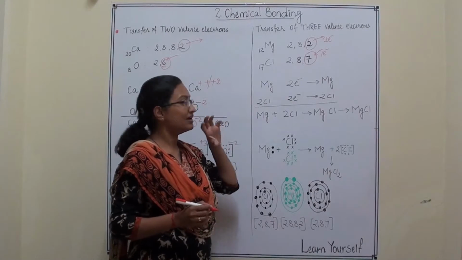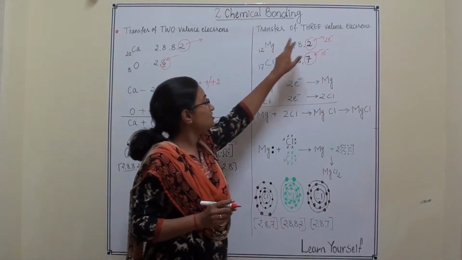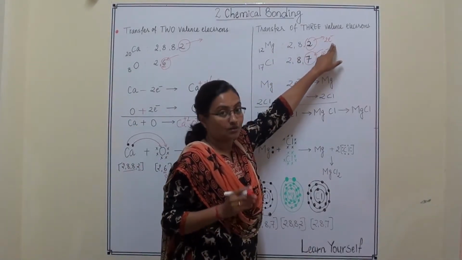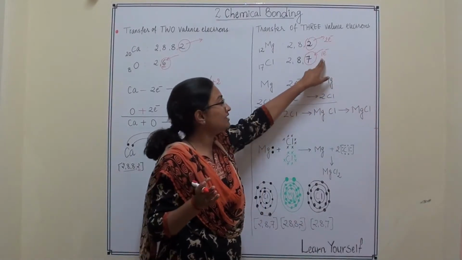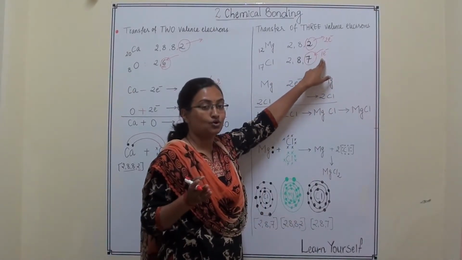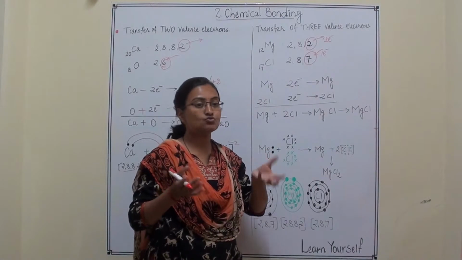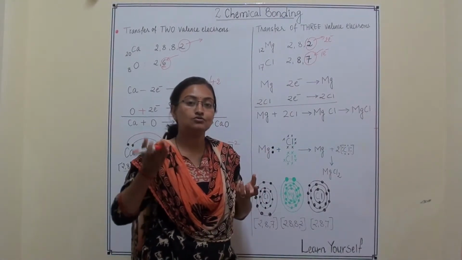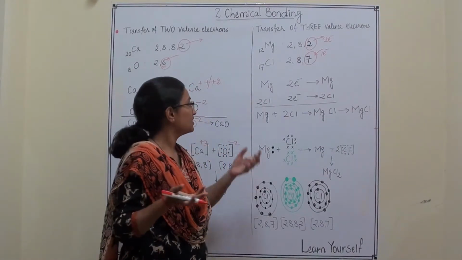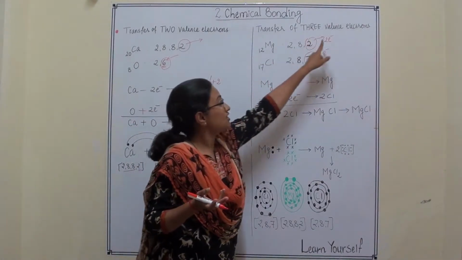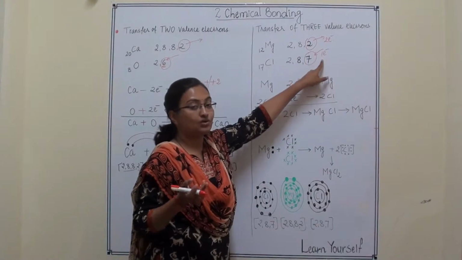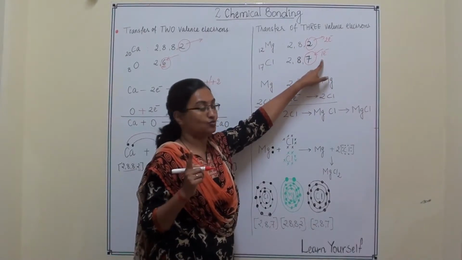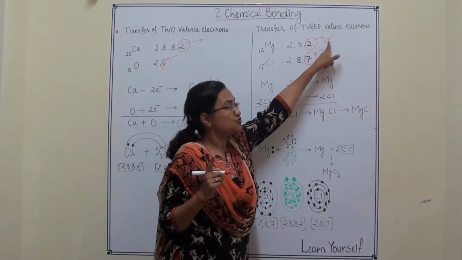Here we have to understand that magnesium is donating 2 electrons, but on the other side chlorine requires only 1 electron. So to absorb these 2 electrons, we need 2 chlorine atoms.